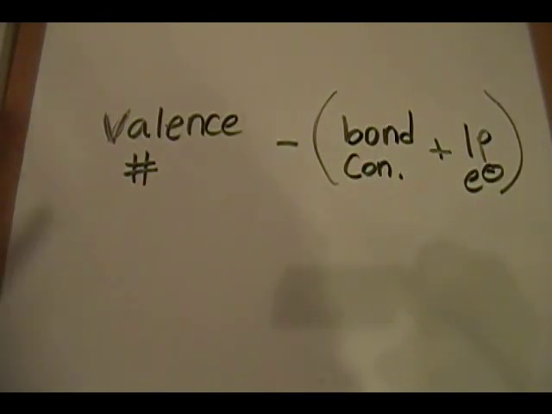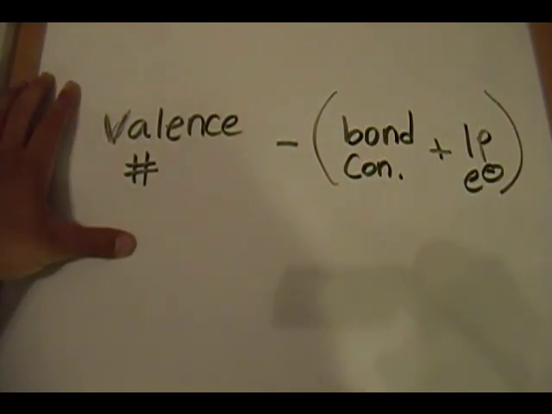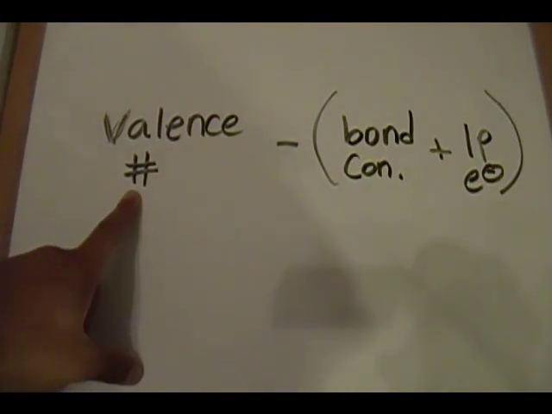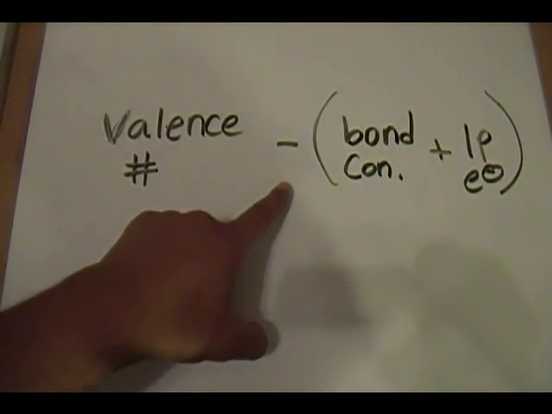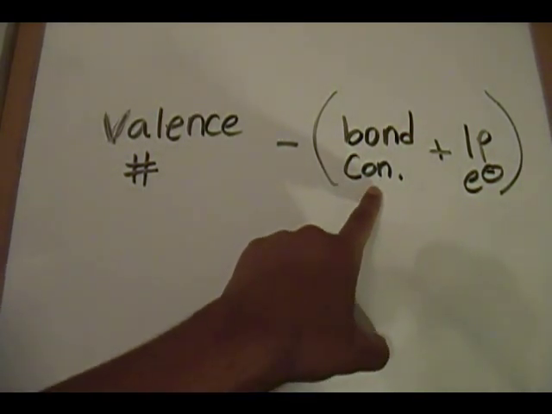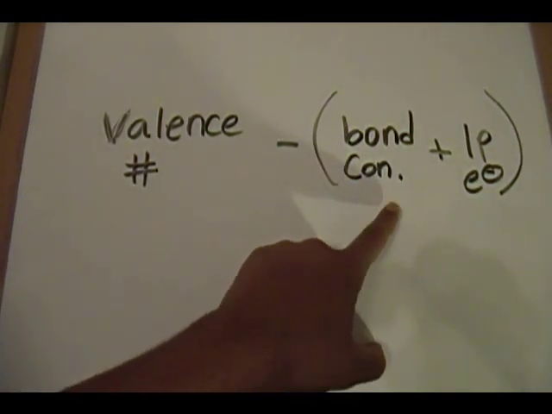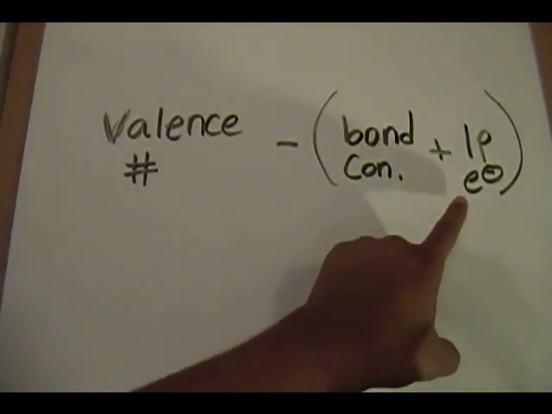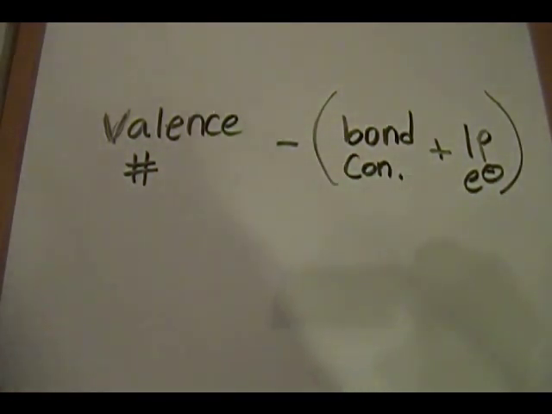Again, it's basically the valence number of the atom. This is all specific to the atom that you're trying to calculate the formal charge for. So the valence number of the atom minus the sum of the bonds connected to the atom plus the lone pair electrons on the atom. Okay, so that's the formula.